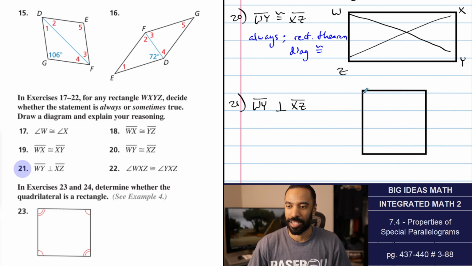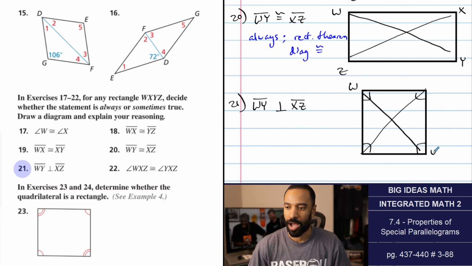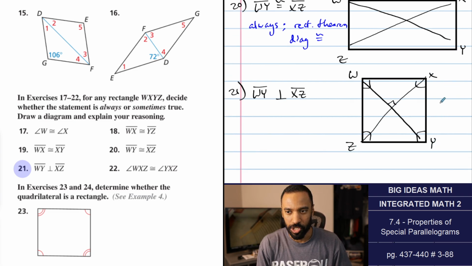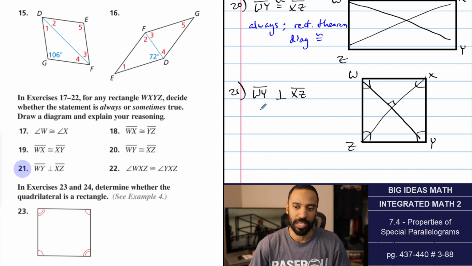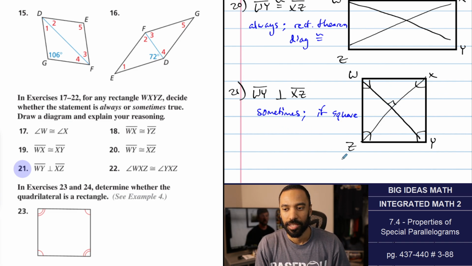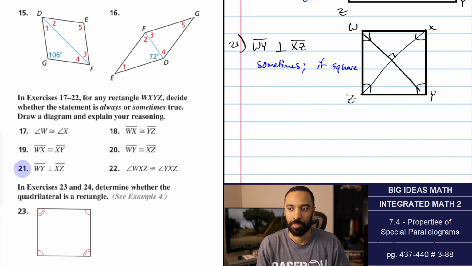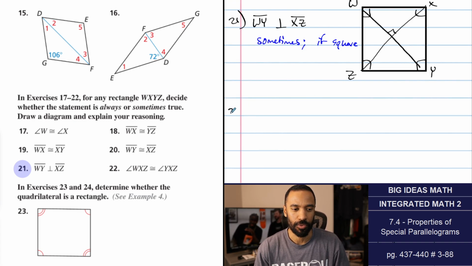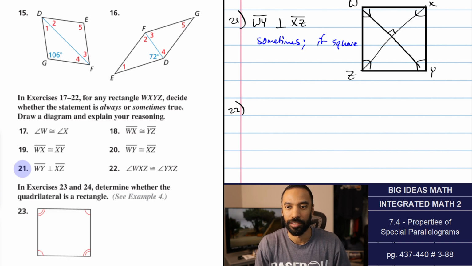So in this rectangle, we also have WY perpendicular to XZ. This is what a square would have. And again, I don't know if that reasoning is best, but sometimes true if a square, once again because rhombuses take on that appearance. Okay. So again, probably not writing as much as I could for the reasoning, but stating it all is getting me there.